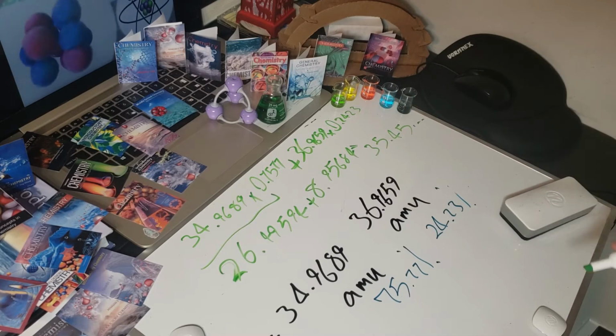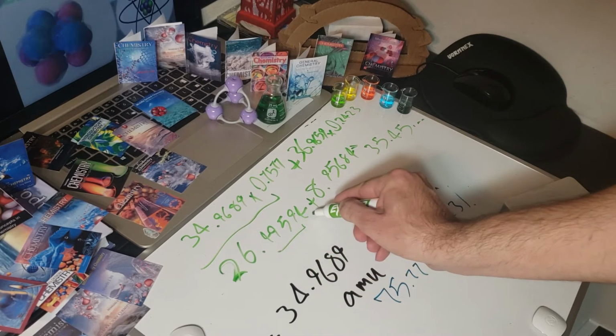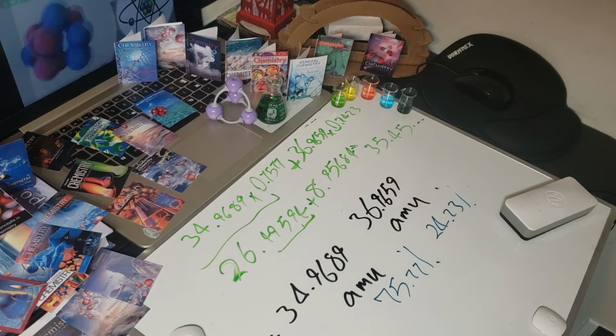A little bit more numbers because we have more of those decimal places. Usually when you work with isotopes, 4 or better 5 decimal places is the best to work with.